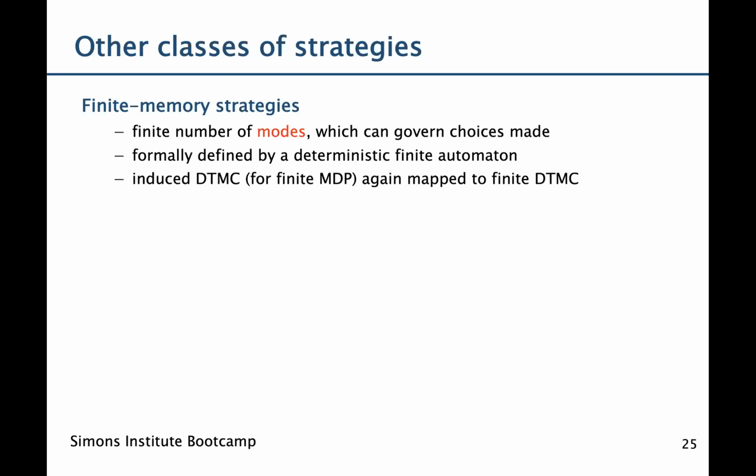And the induced DTMC can now be a finite MDP. Recall that in the general case, the induced DTMC is infinite state, because the set of states corresponds to the set of all finite paths corresponding to the adversary in the MDP.